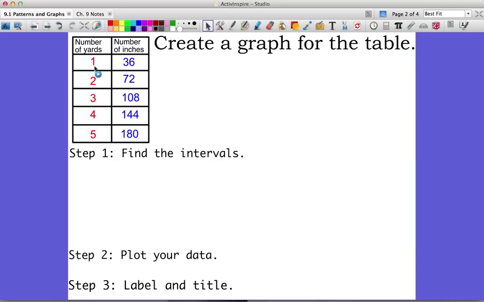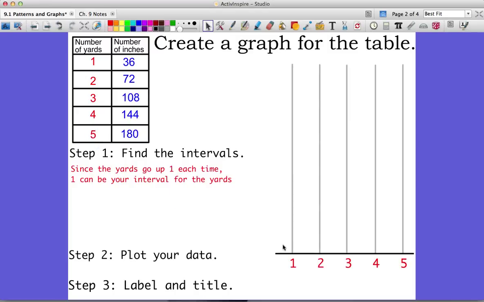So in this case, our independent value is going to go up by 1, since each of these goes up by 1. Right, so down here on our x-axis, we go by 1, 1, 2, 3, 4, 5, with 0 being over here.